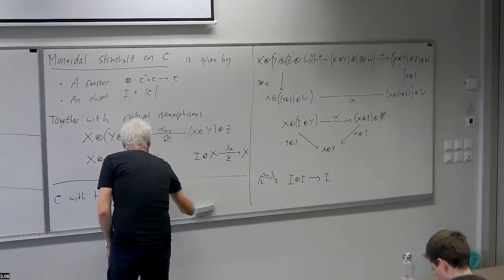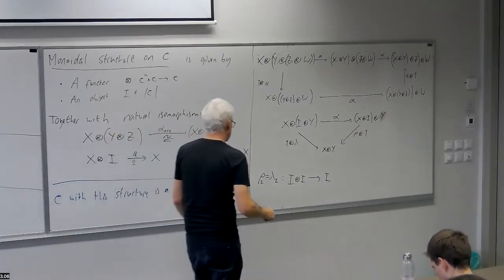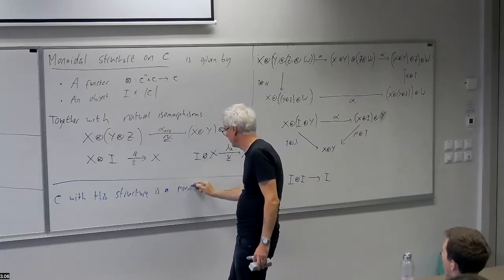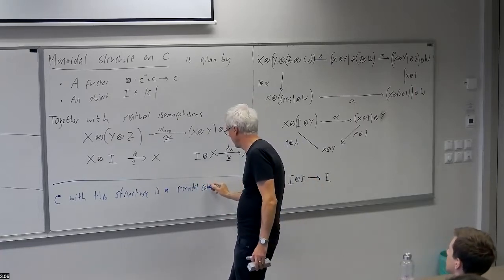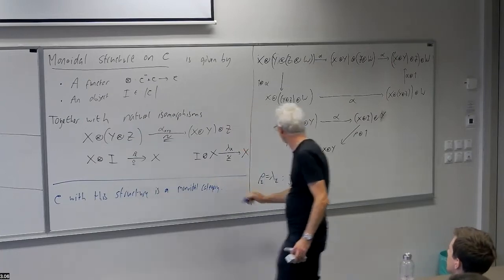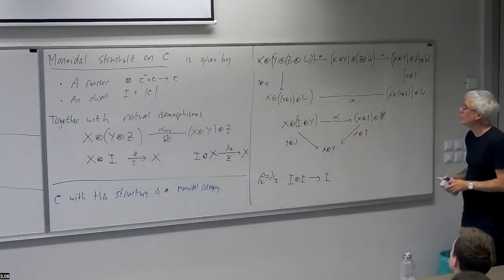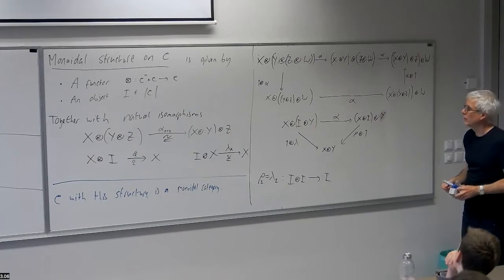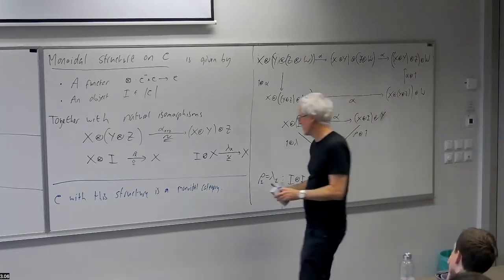The last two diagrams follow as results from alpha being a natural isomorphism. Sorry, which diagrams? The last two, the pentagon and the triangle, but are those provable from the three properties we stated, or are there additional specifications? Oh, no, sorry.